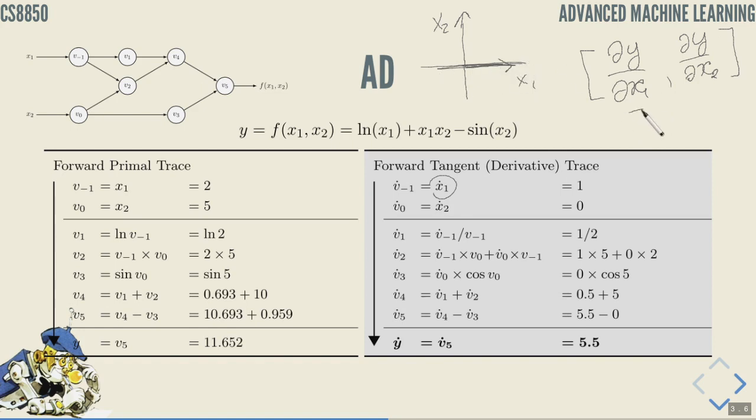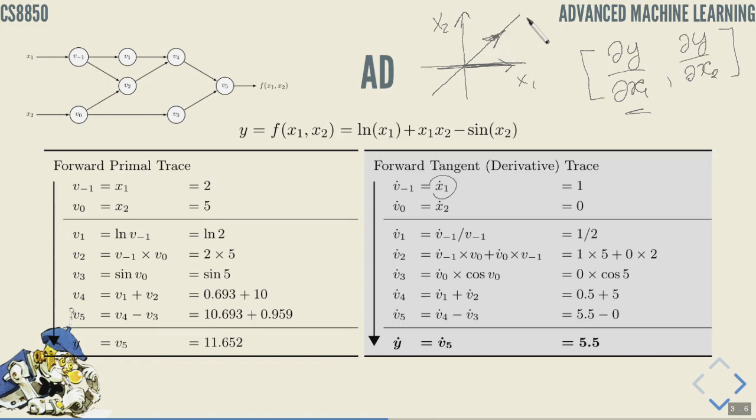What happens to y when the change happens along the x1 dimension? So we'll put a value of 1 into the derivative of x1, and we'll put a value of 0 into the derivative of x2. Notice we could have done both, one here and one here. Then we would have been evaluating when both of them are 1, we are evaluating the derivative along this direction.